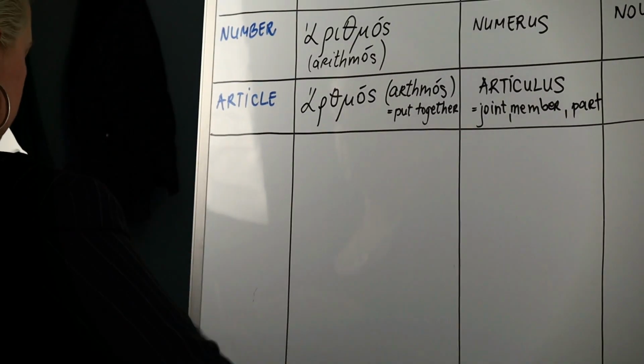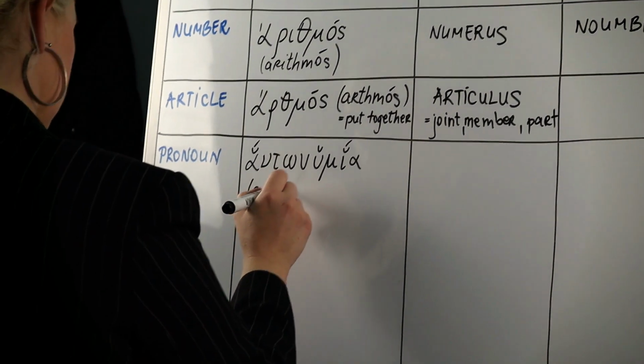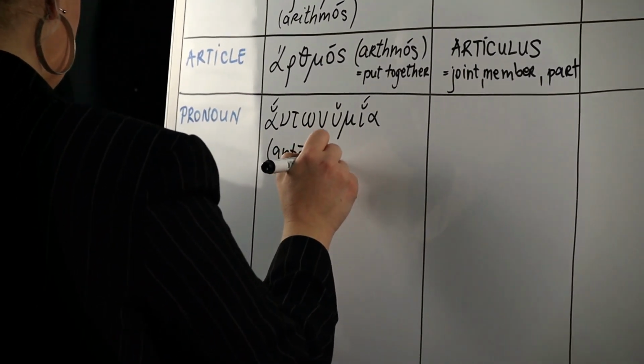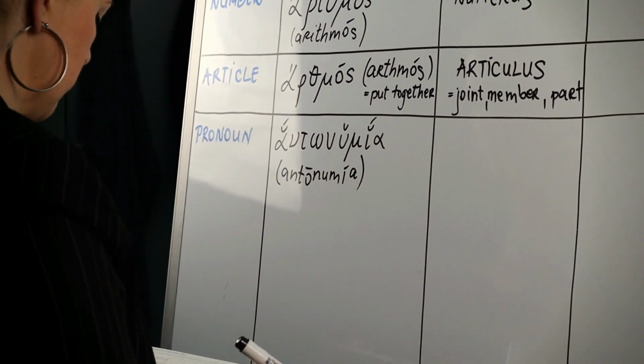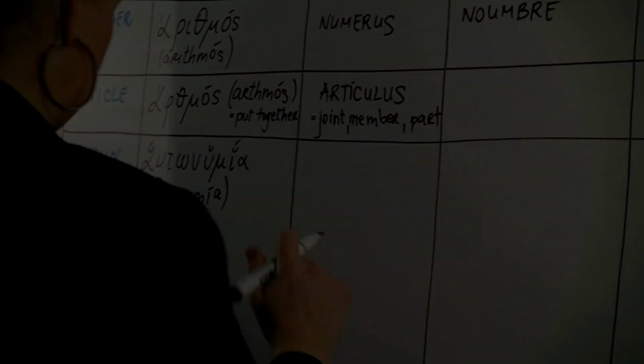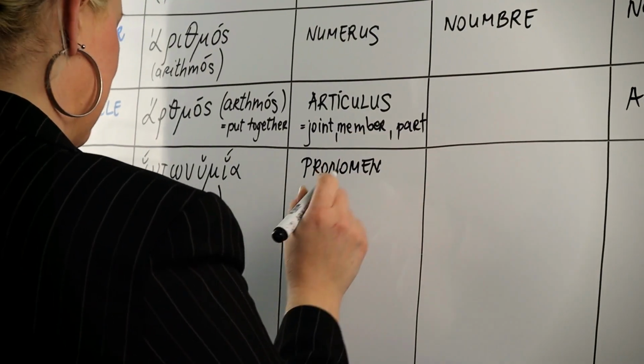The next expression, actually the next word, would be a pronoun. Now, a pronoun is derived from the Greek word antonomia, and that basically goes from ante and numia, which is from onoma, which is derived from the word name.